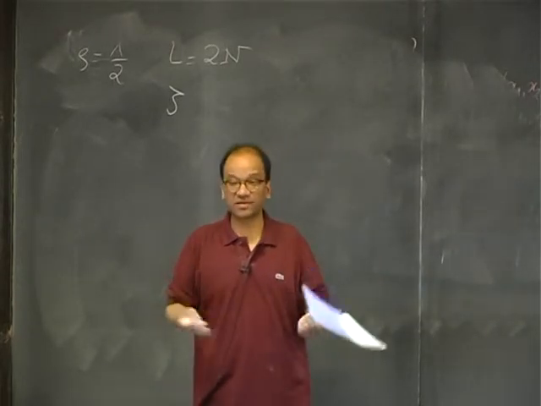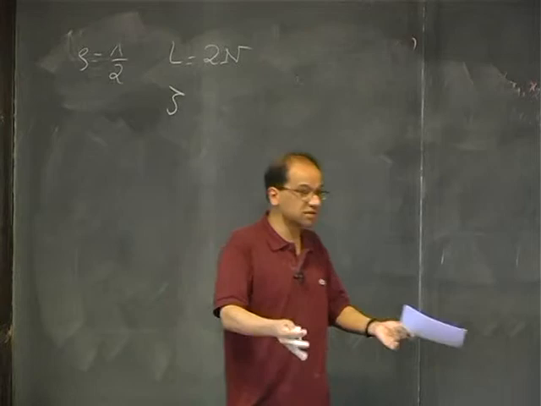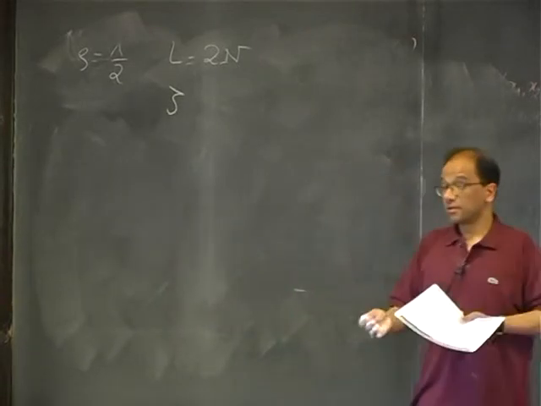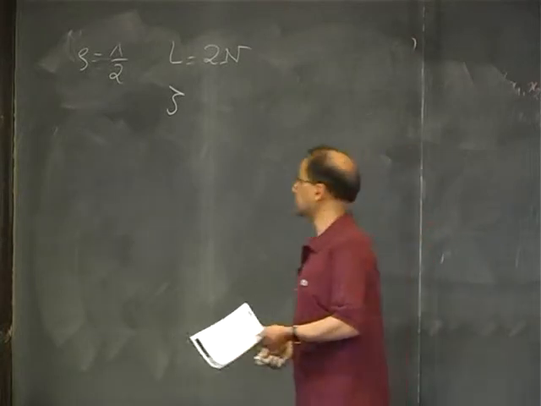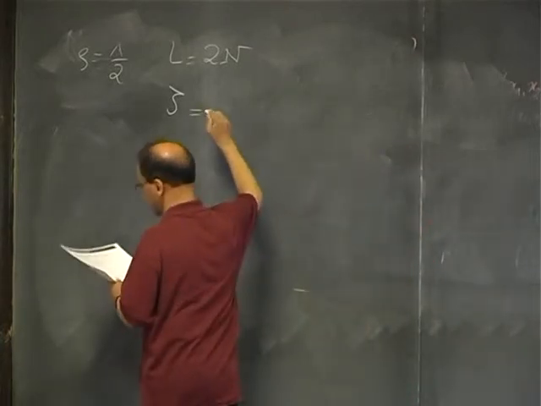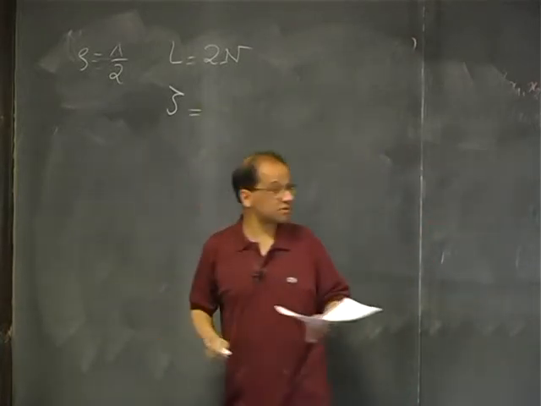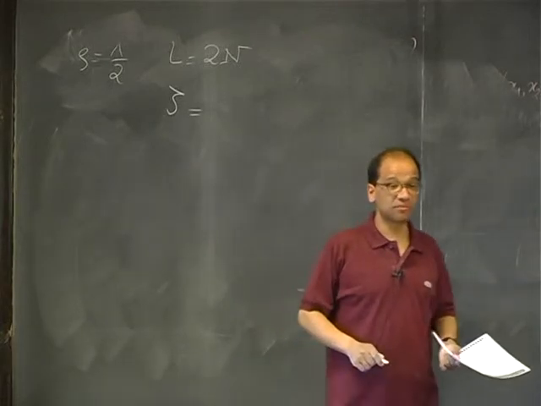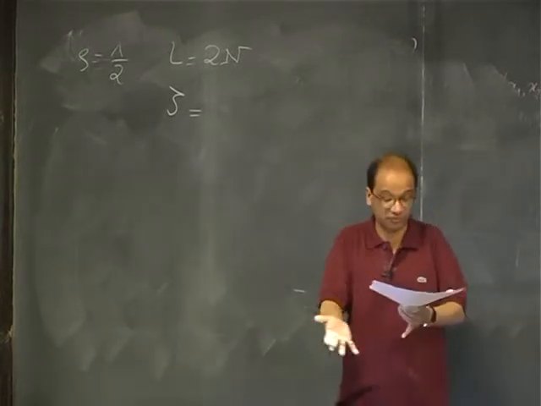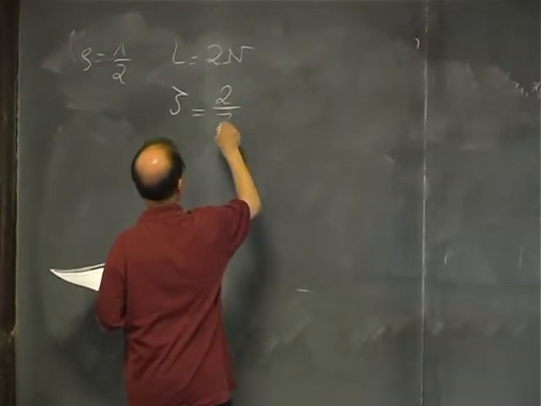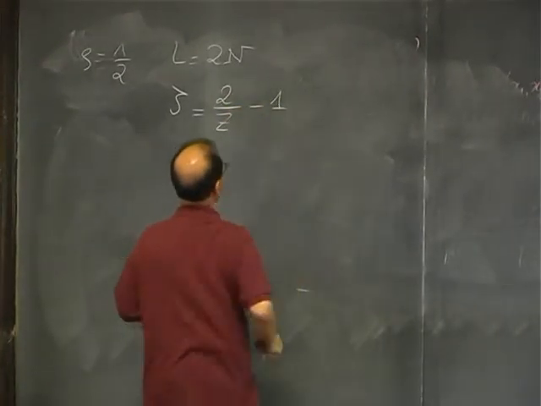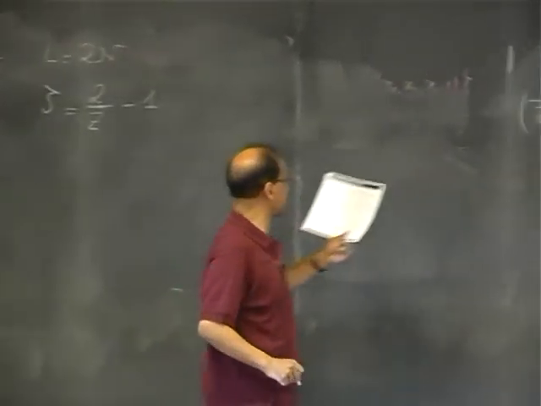These are educated guesses. I mean, when you work with these things, you try, and in the end, you find some nice ways of going through the problem. You could proceed by keeping this variable, but it's much simpler sometimes to find a good change of variable. So if I call zeta 2 over z minus 1, I substitute in that equation.